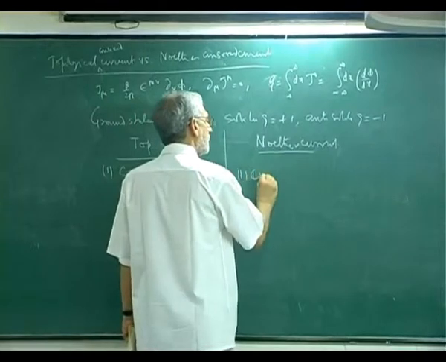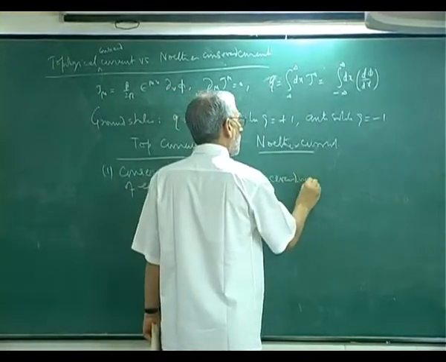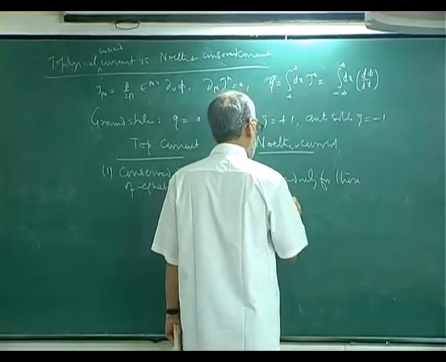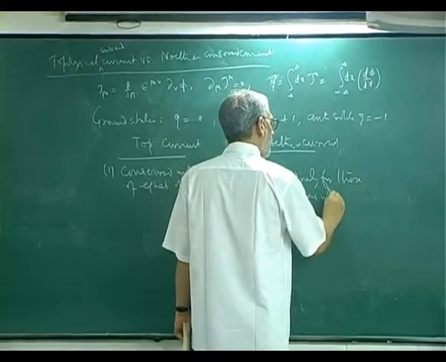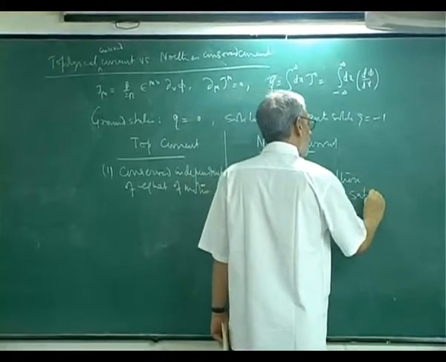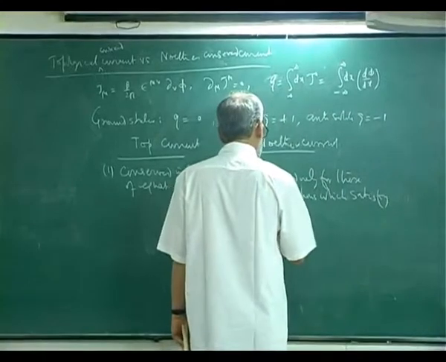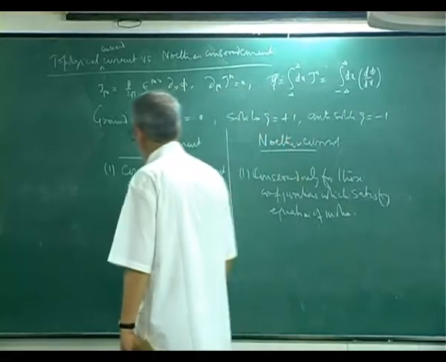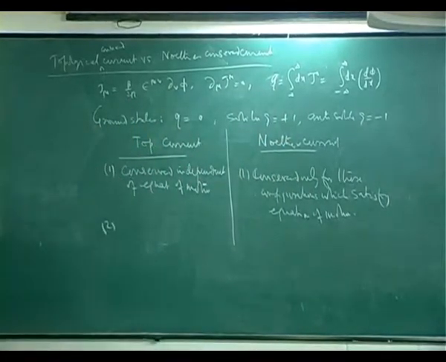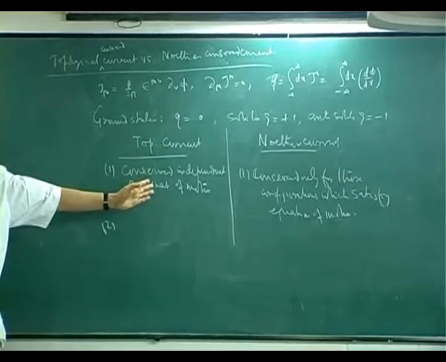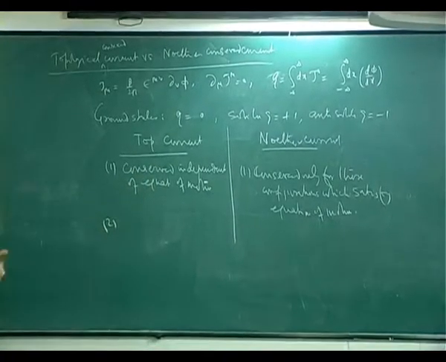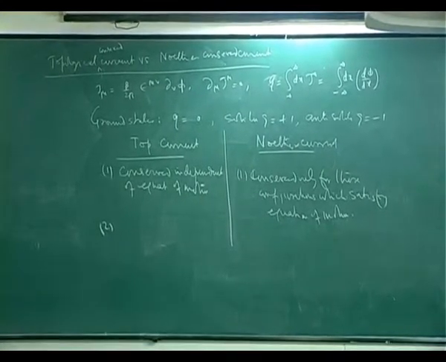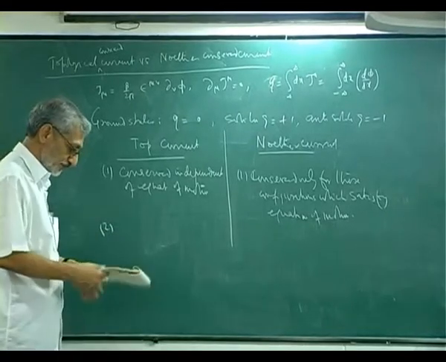Noether current is conserved only for those configurations which satisfy equations of motion. Of course, the topological current also is conserved for configurations that satisfy equations of motion, because if it's conserved for any configuration, it's also conserved for those which solve equations of motion.